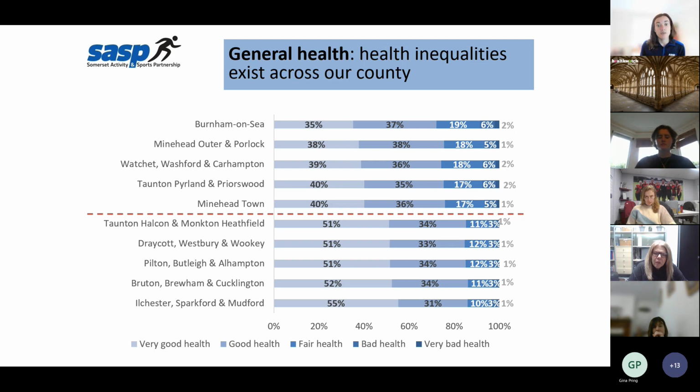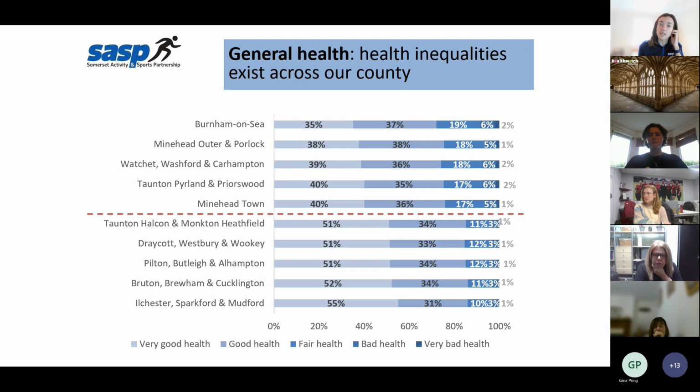And then good health. What's interesting here is that good health was reported at higher rates for those like Burnham-on-Sea and Minehead than those such as Bruton and Pilton. And you see that again for fair health as well.